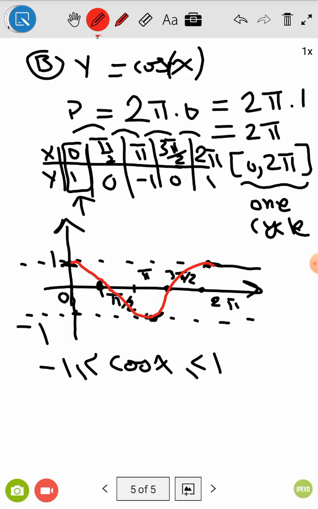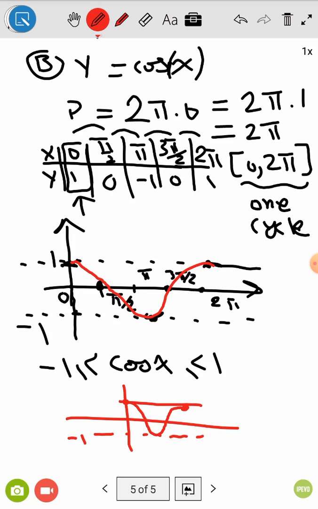So this is one cycle of the cosine. We can make it here without points if you wish. This is another one. So this is how you start. This is -1 and this is +1. This is the cosine over one cycle.